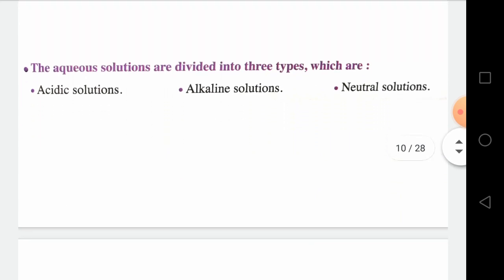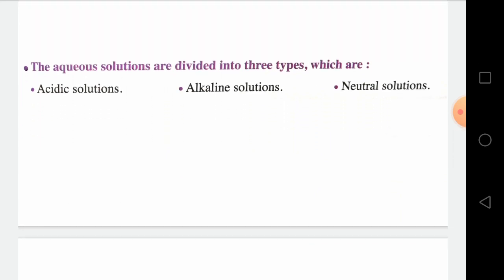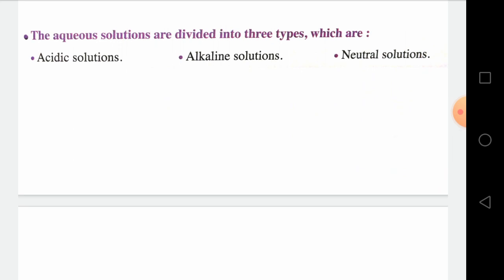Okay, how to detect if the solution is acidic, alkaline or neutral? For sure, it depends on the concentration of hydrogen ion and hydroxide ion in this solution. According to the concentration of hydrogen ion and the hydroxide ion, the solution type will be determined. In an acidic solution, the concentration of hydrogen ion is higher than the concentration of hydroxide ion, and vice versa.